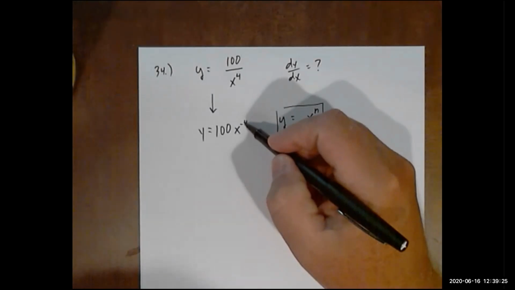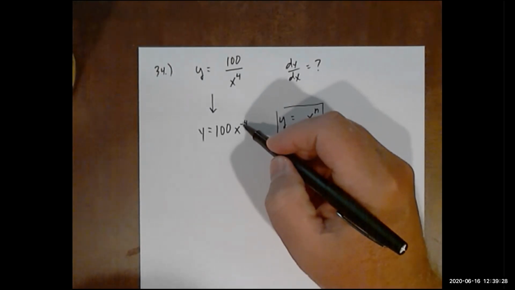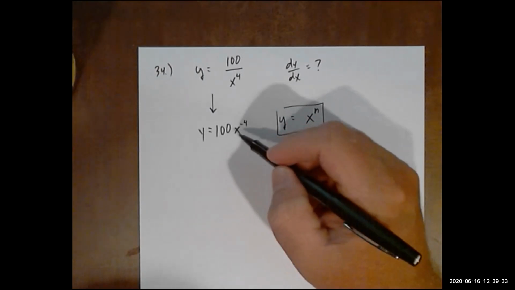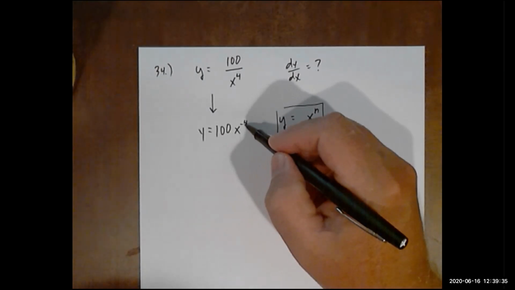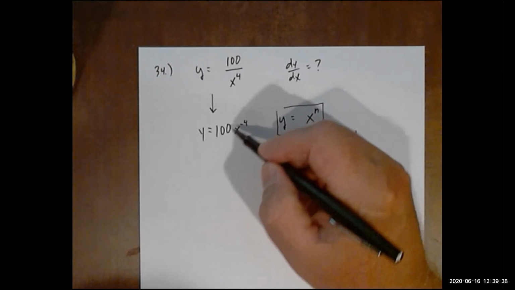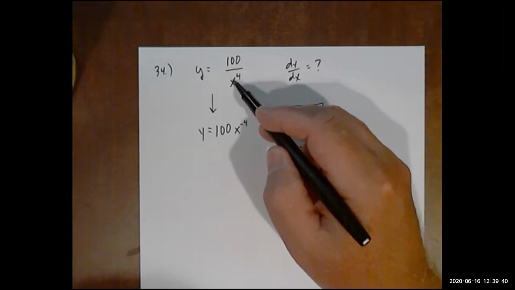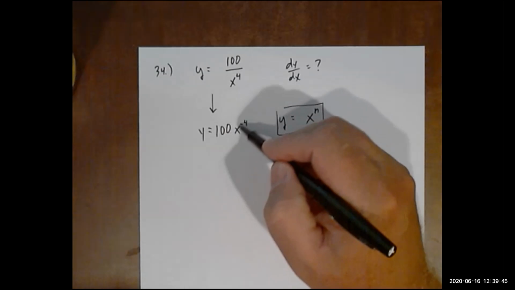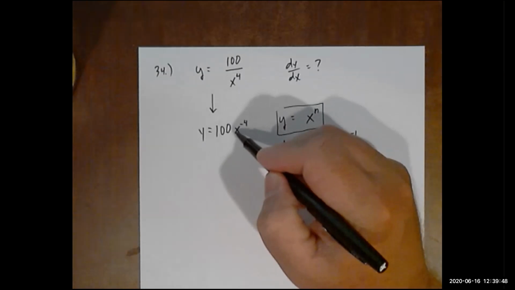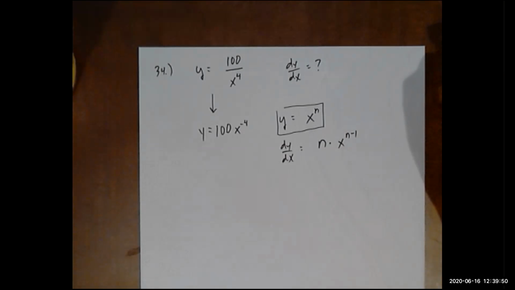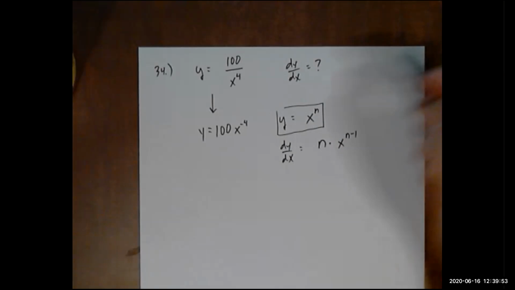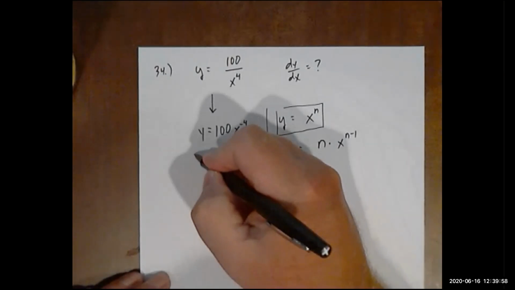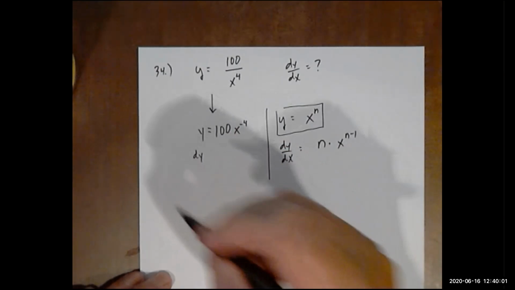If you're given a negative exponent and you want to make it a positive exponent, you move it to the bottom. So if I was given 100x to the minus 4th and I wanted to make it a positive exponent, it would be 100 over x to the 4th. So these are the same. But the good thing is when I write it like this, I'm in the form of the power rule. I can now apply the power rule to this equation, and therefore I'm able to take the first derivative.